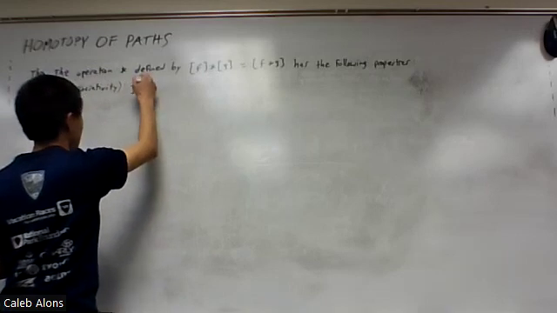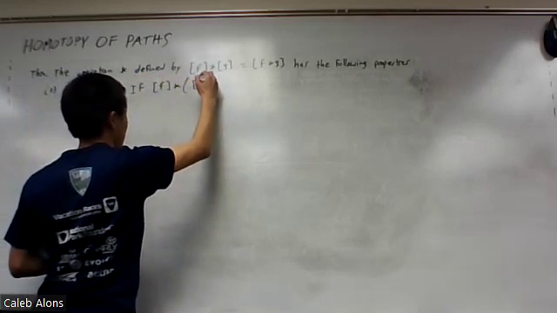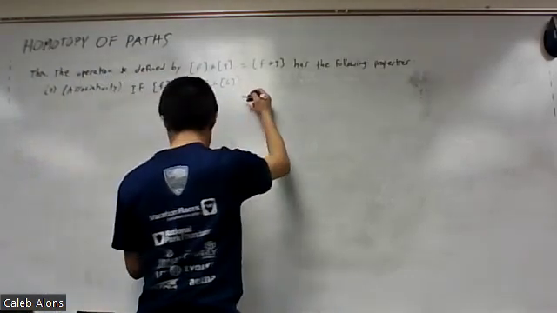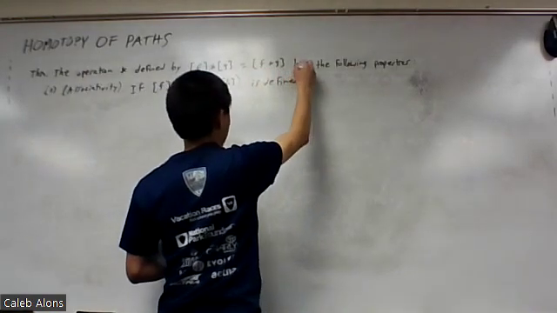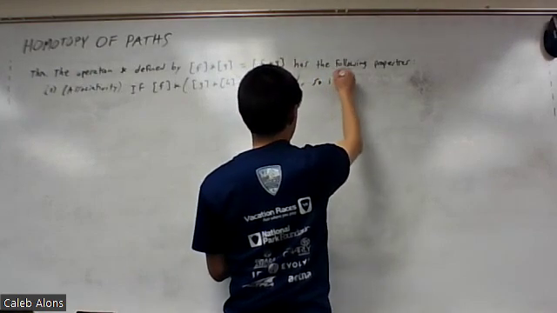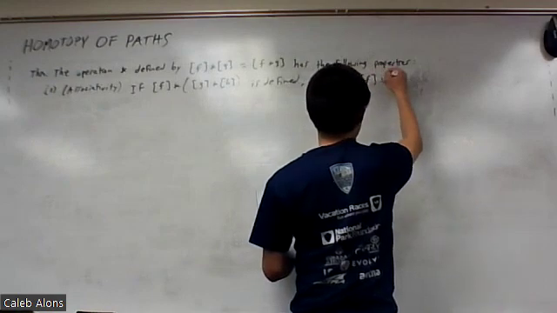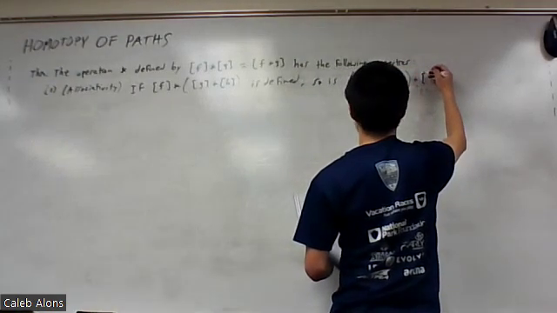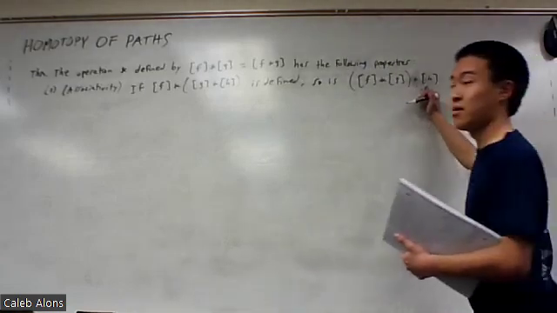So if F star G star H is defined, which is important, then so is F star G star H. And these are the equivalence classes, right.